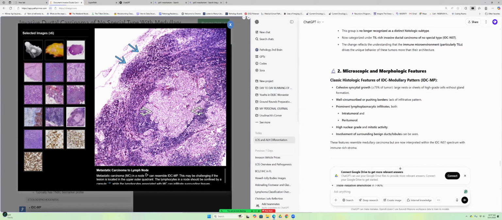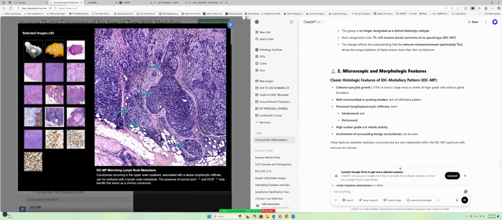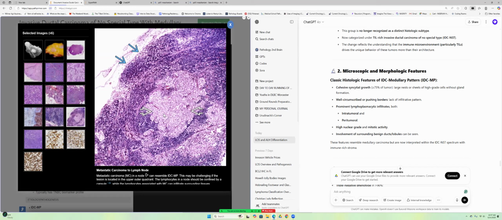Because you may start thinking, is this medullary carcinoma? This is epithelial cancer metastatic to the lymph node, but you may misinterpret it to be an invasive carcinoma.